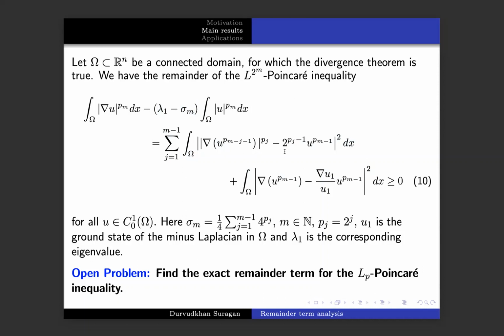So we need to analyze when this term vanishes or not. But that's a difficult task, and I believe that it doesn't give sharpness there.